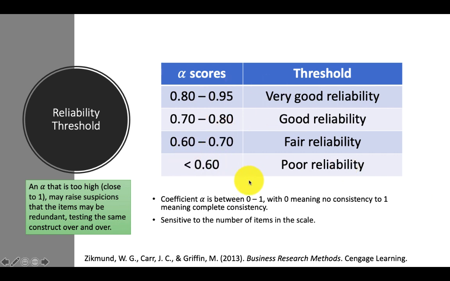A low alpha indicates poor reliability, but of course it depends on your study. As you can see over here, 0.80 to 0.95 is very good reliability, and an alpha that is too high may raise suspicions. This is according to Zygmunt. You can also refer to Hair, DeVellis, or other statistical scholars.